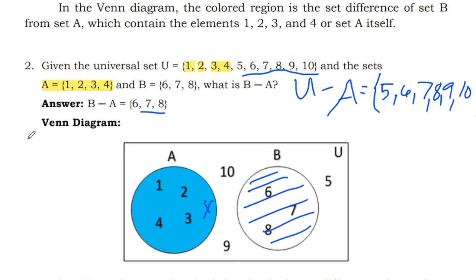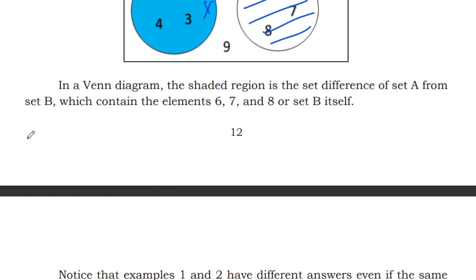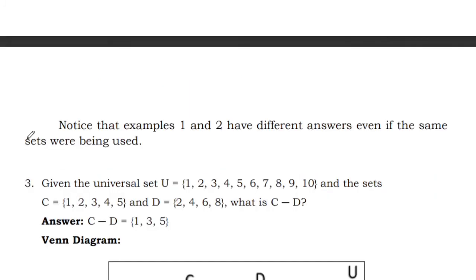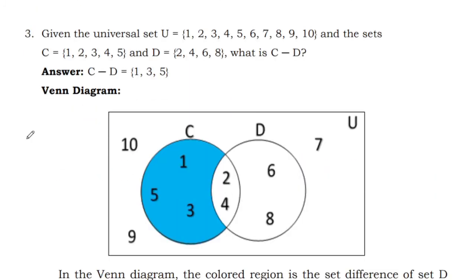Okay. Next we have another example, C minus D. What is C minus D given this universal set 1, 2, 3, 4, 5, 6, 7, 8, 9, 10, with a given set C: 1, 2, 3, 4, 5 and D: 2, 4, 6, 8?